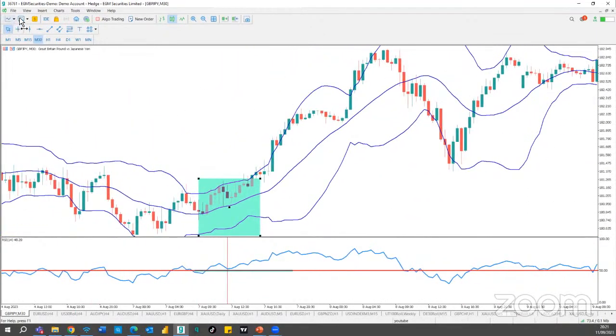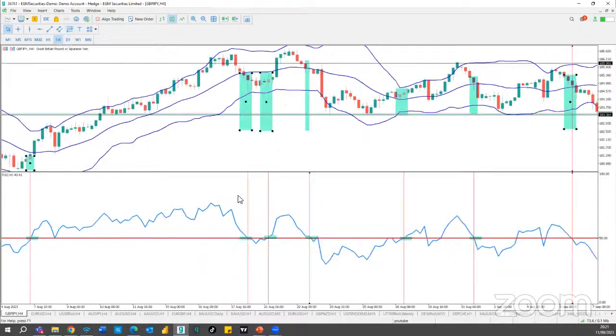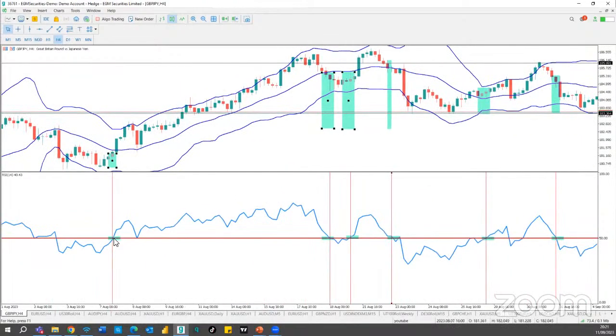Now, what we have down here is from 4 hours. From 4 hours, there is this level here where we had the RSI crossing above.